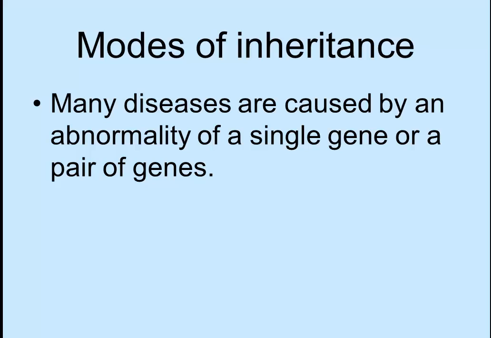Now, it will depend on the chromosome location. But if we have a female with an abnormal recessive gene on one of her X chromosomes, usually they have a gene on the other X chromosome that compensates and it can maintain normal functioning. But a male is at a disadvantage.